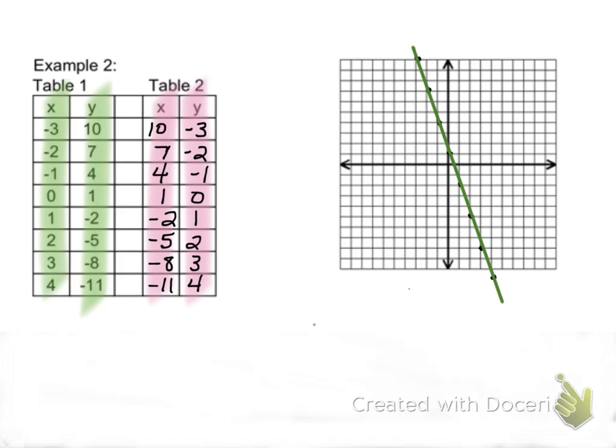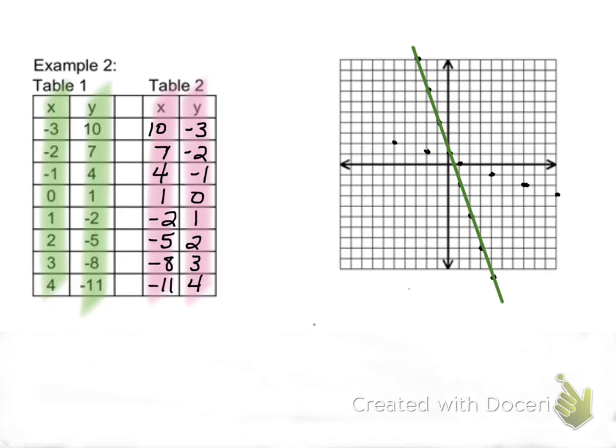Okay. Plotting those points. At 10 we're at negative 3. 7, negative 2. 4, negative 1. Okay, 1, 0. Negative 2, 1. Negative 5, 2.